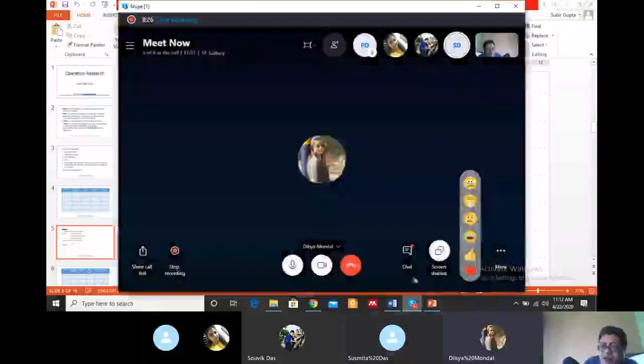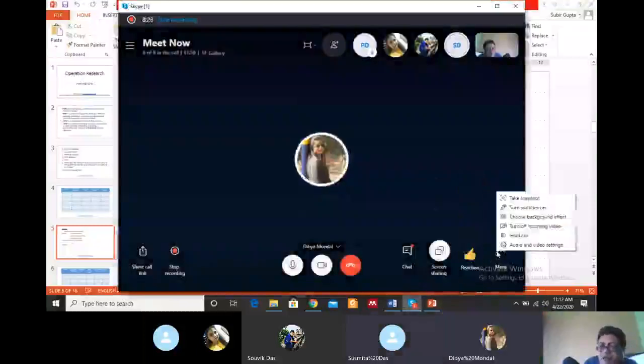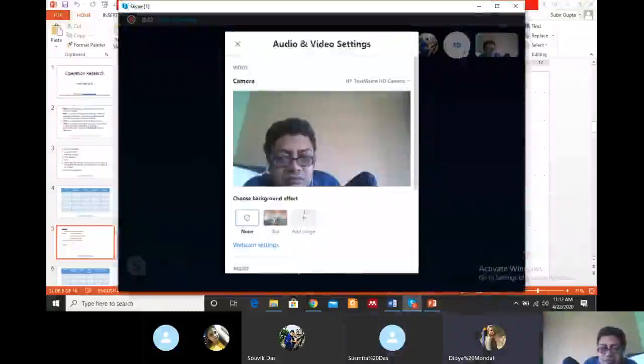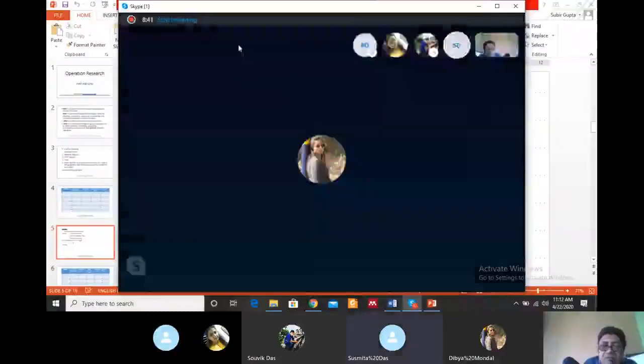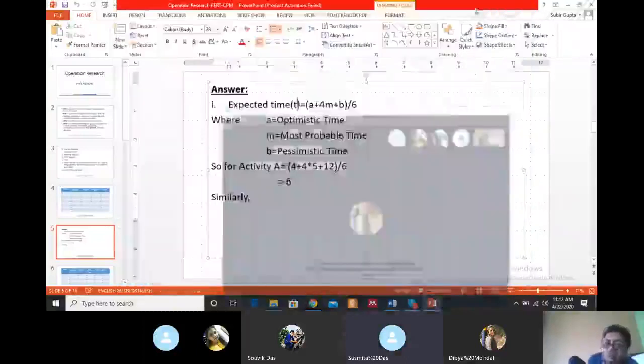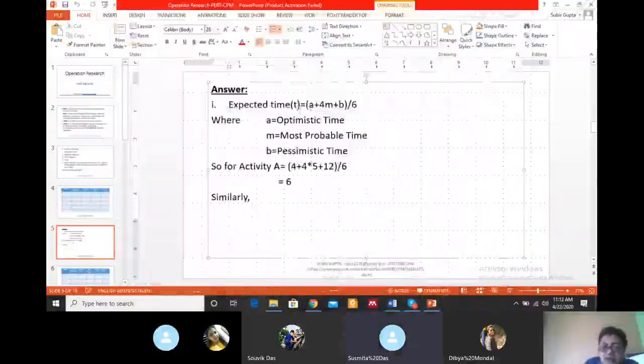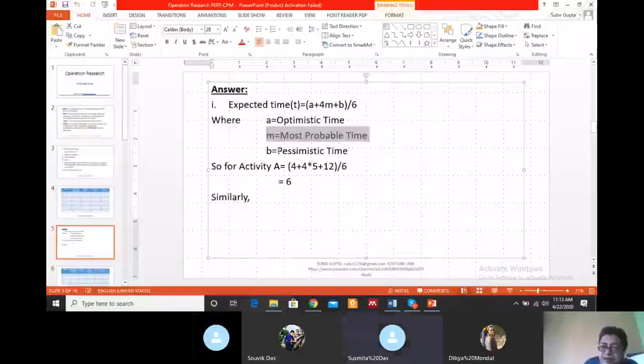Does anyone have a problem with this? Now the expected time formula is like that: (A plus 4M plus B) by 6, where A is known as optimistic time, M is known as most probable time, and B is known as pessimistic time.